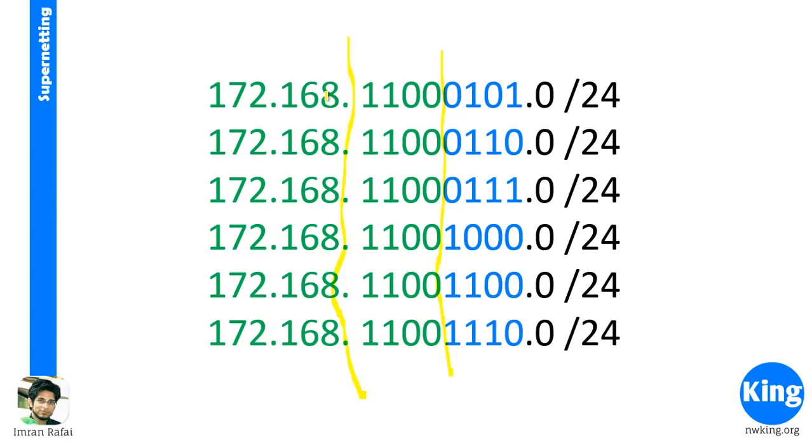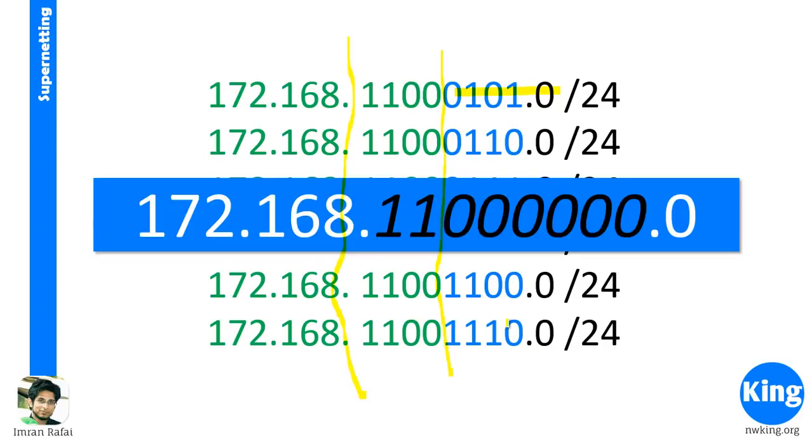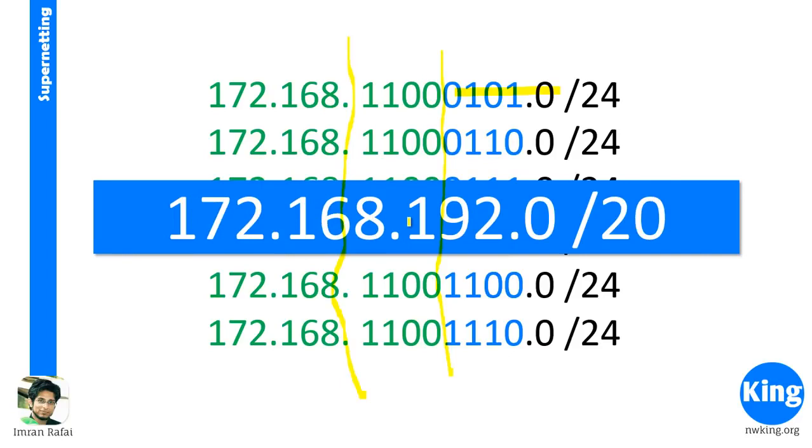So how do we convert this into one network? What you do is make everything beyond this line 0. So it will be like this: 172.168 dot this part, which, if you convert it to decimal, is 172.168.192.0/20.